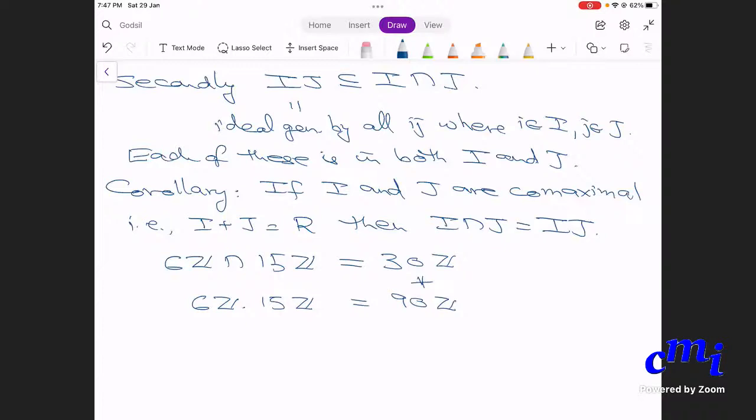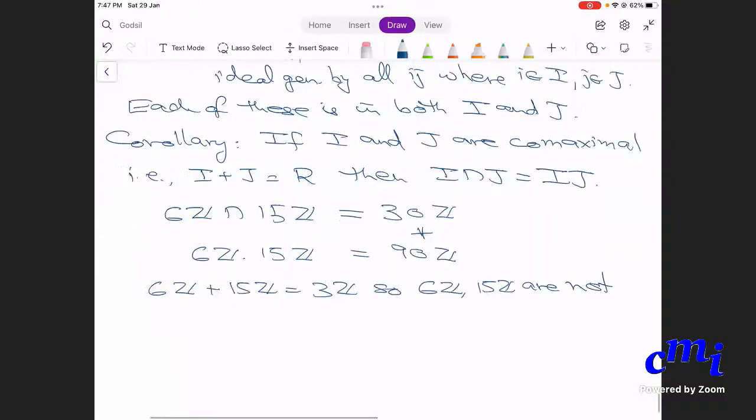But that's because 6Z and 15Z are not co-maximal. 6Z + 15Z, we already said, is 3Z. If they were co-maximal, then it would have happened. So for co-maximal ideals, I ∩ J is equal to IJ. Okay, so that much about operations on ideals.